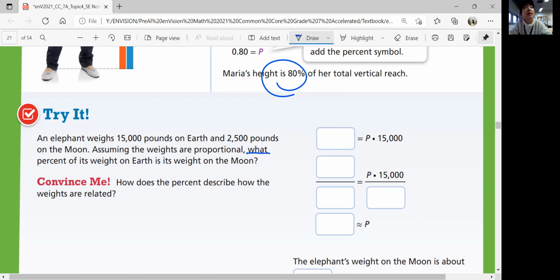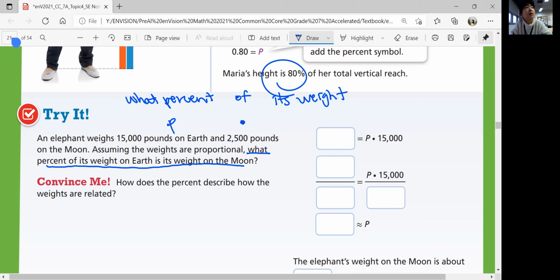So this question already tells you your equation. What percent? You don't know, so what percent is P. Of means multiply. Its weight could be what? Is the weight 15,000 or 2,500?